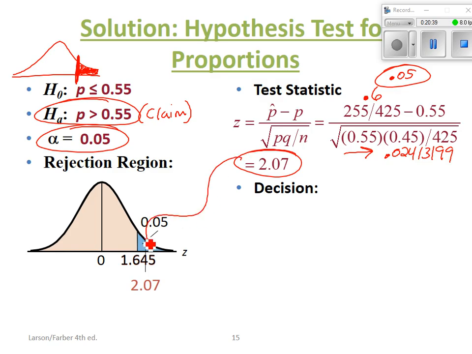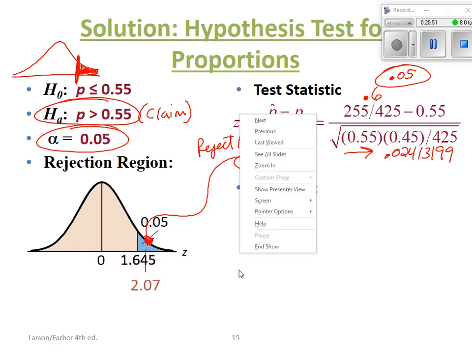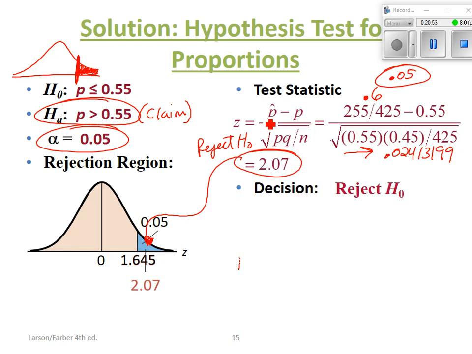Then I look at that. That's going to fall somewhere about in there. That tells us to reject the null. Once we reject the null, we're going to do our interpretation. Our interpretation again starts off with a 5% level of significance, and then we go to the chart.